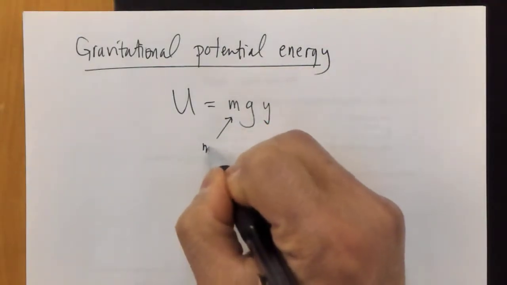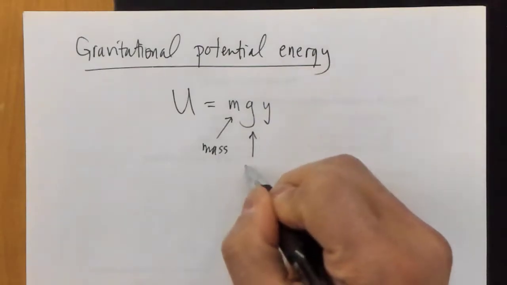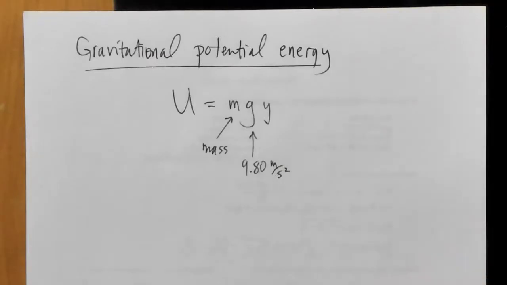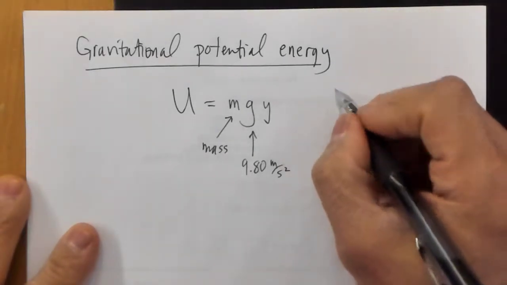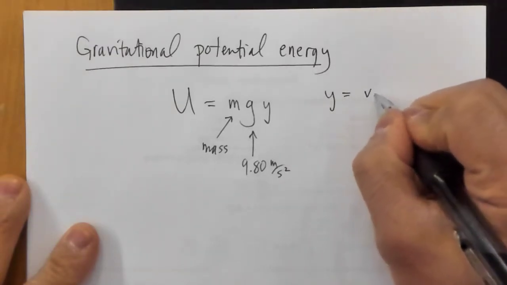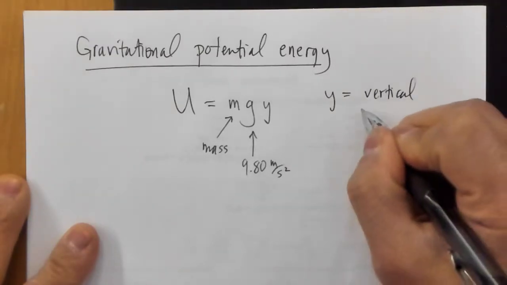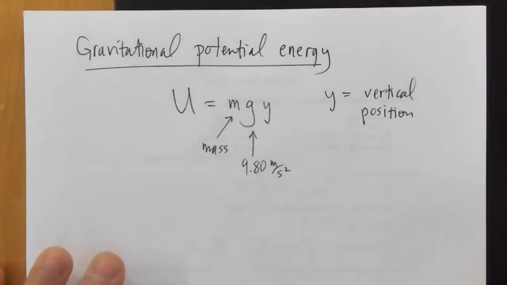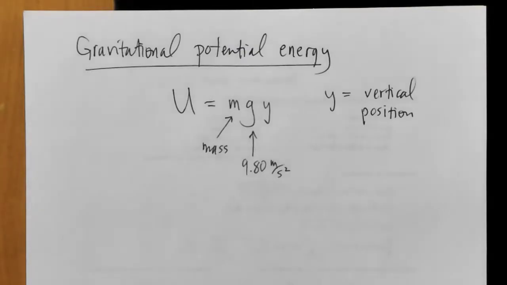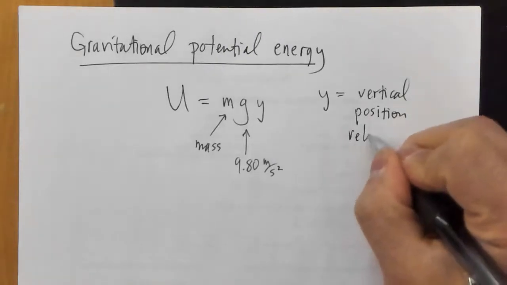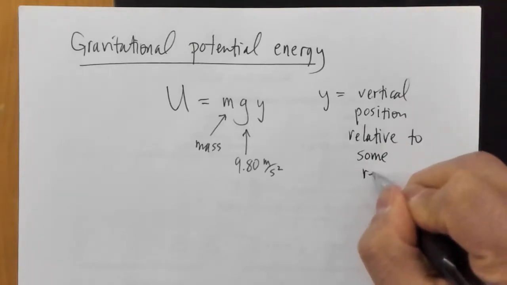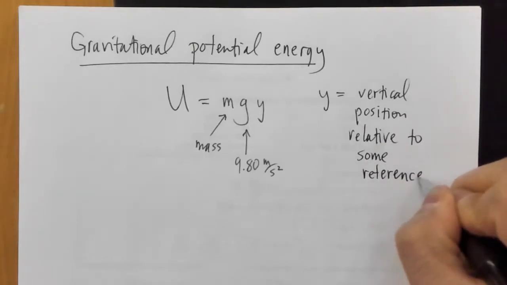So m is the mass, g is 9.80 or 9.81, whatever you prefer, meters per second squared. And y is the vertical position. Now, it has to be relative to some reference height.